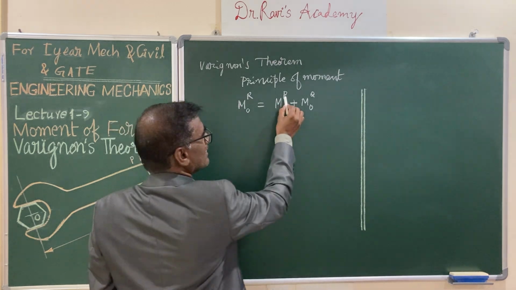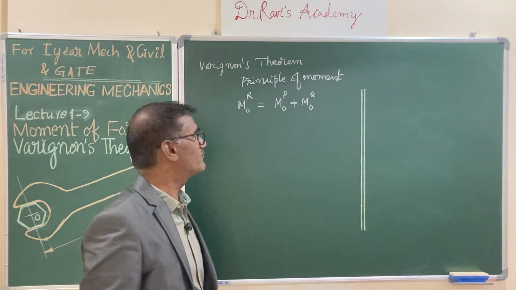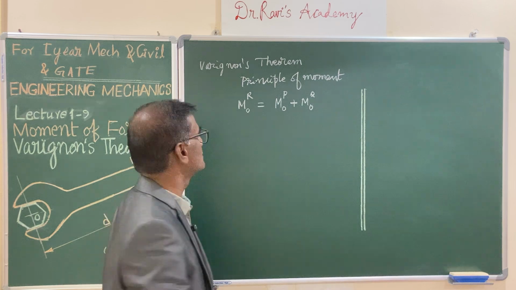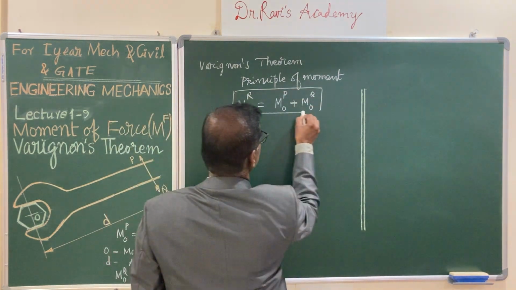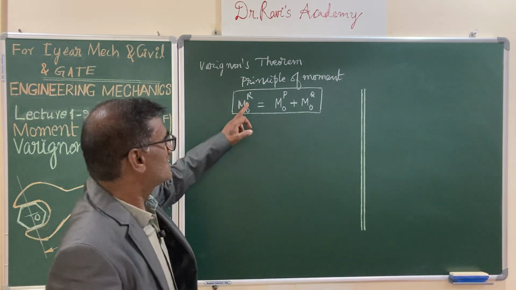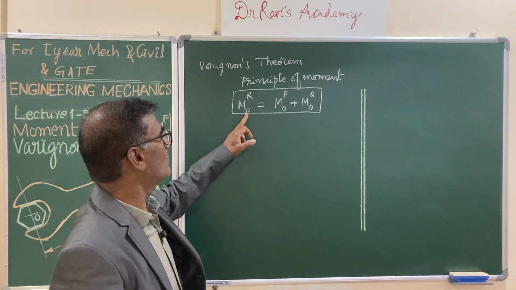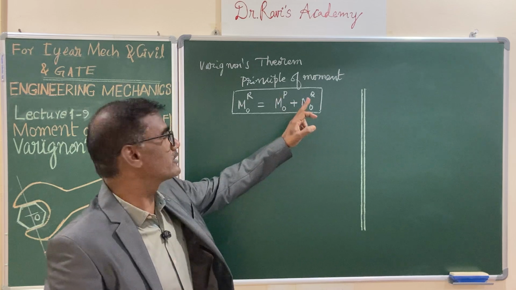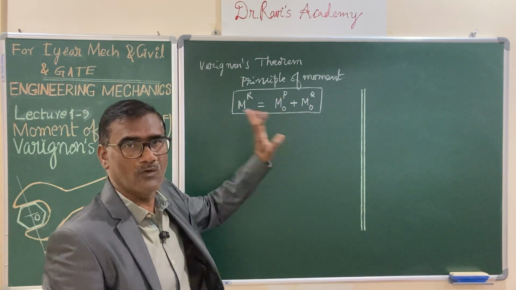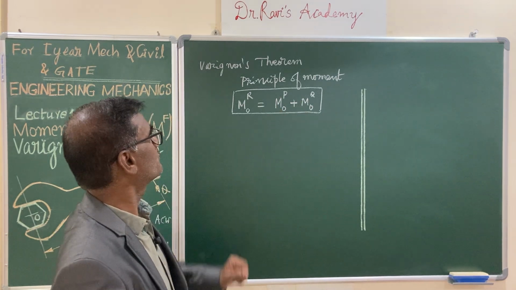Let us see that P and Q are the component forces and R is the resultant force. So this is the mathematical statement of Varignon's equation. Moment of a resultant force about a point O is the algebraic sum of moments of its component forces about the same center, that is O.